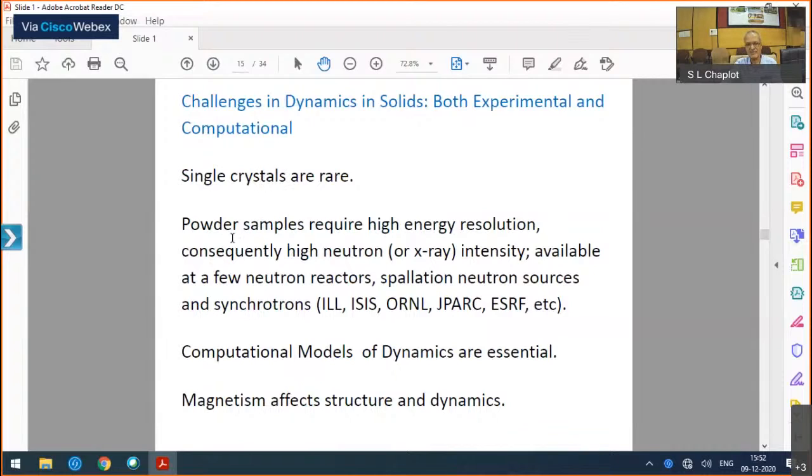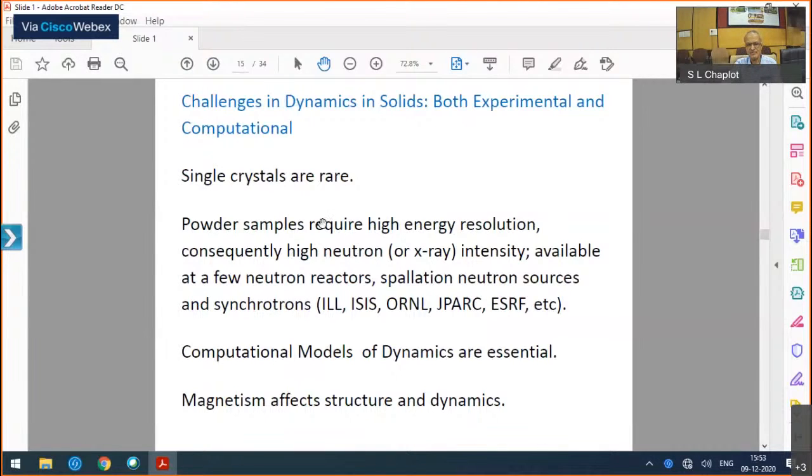However, if you are working with a powder sample and you're trying to do powder neutron diffraction or powder X-ray diffraction, you need very high resolution because you have to resolve neighboring peaks. And so also with powder samples for phonon density of states, you need a much better resolution, and also you need very high intensities. So these are available then only at a few neutron reactors or spallation neutron sources.